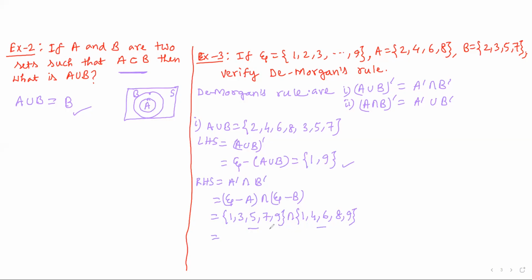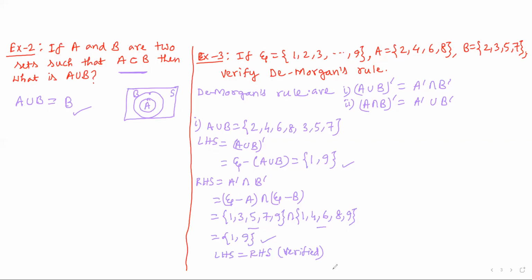Intersection means we take the common elements. So the common elements between these two sets are 1 and 9. From the left hand side we have got 1, 9, and from the right side we have got 1, 9. So in this way easily we can write left hand side equals right hand side. So the first De Morgan's rule is verified.